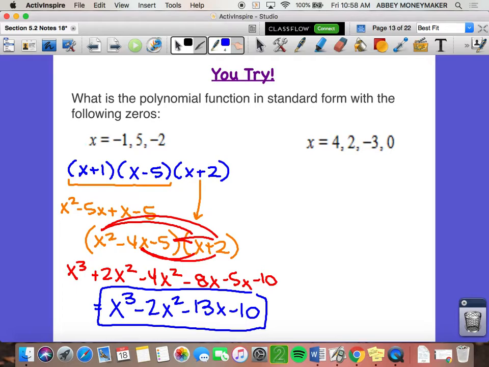All right, see if y'all can do the next one on your own. I encourage you to hit pause and try this.